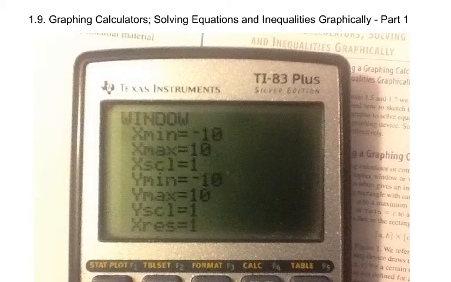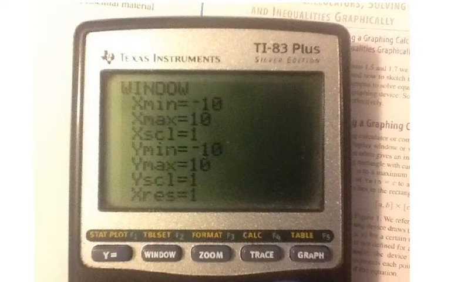One of the things that we didn't spend a lot of time with in Algebra 2 was changing the window setting. The window setting was at the top of your calculator. It was right here. And when you press it, this screen is called the default window settings.